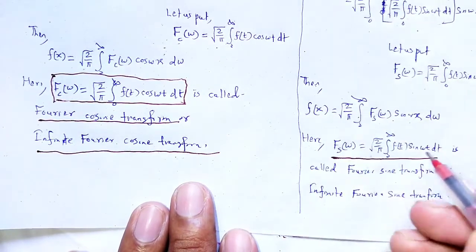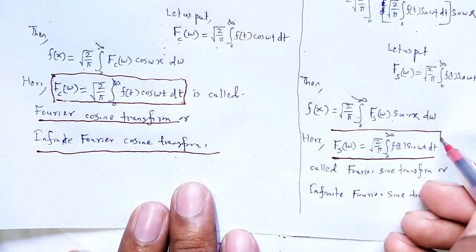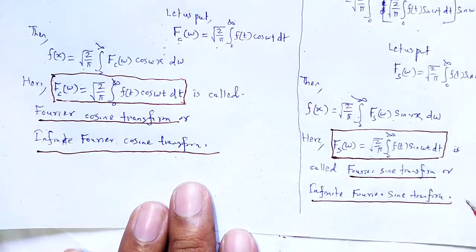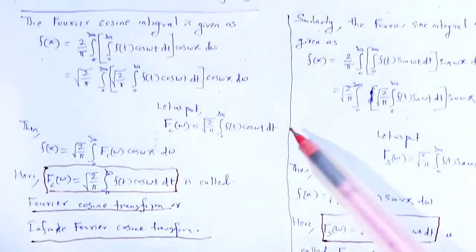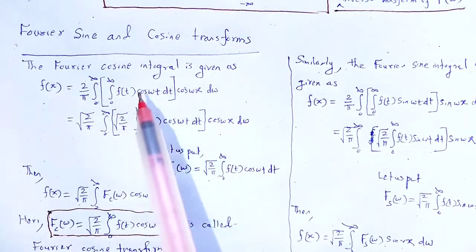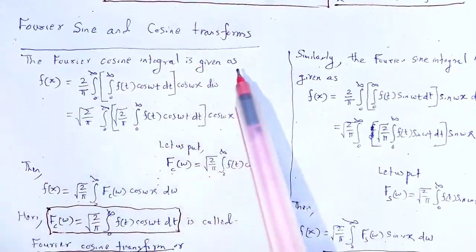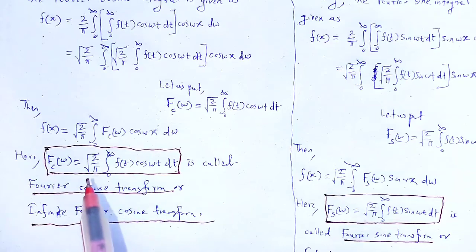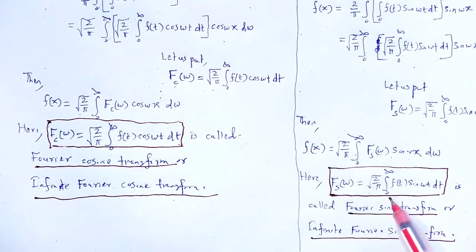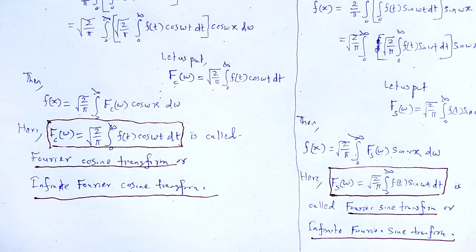F of s omega, that is the Fourier sine transform or infinite Fourier sine transform. So Fourier transform for trigonometric functions will be calculated like Fourier sine and cosine transform. That one is Fourier cosine transform, that one is Fourier sine transform for infinite conditions.